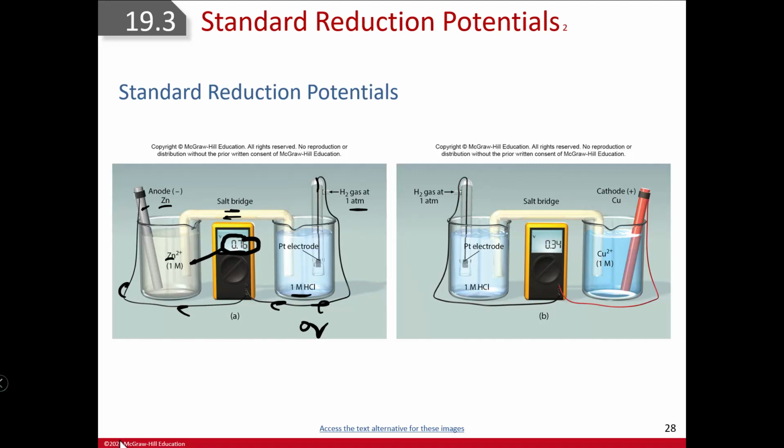So we do the same thing for the copper. So here we've put the standard hydrogen electrode on this side, and we have the copper solution on this side. So here's what's going to happen: the electrons come in here, and they attach themselves to the copper 2 positive, and then the copper 2 positive becomes copper because the copper 2 positives are reduced. So any reaction here, any voltage here, we reference to the copper.